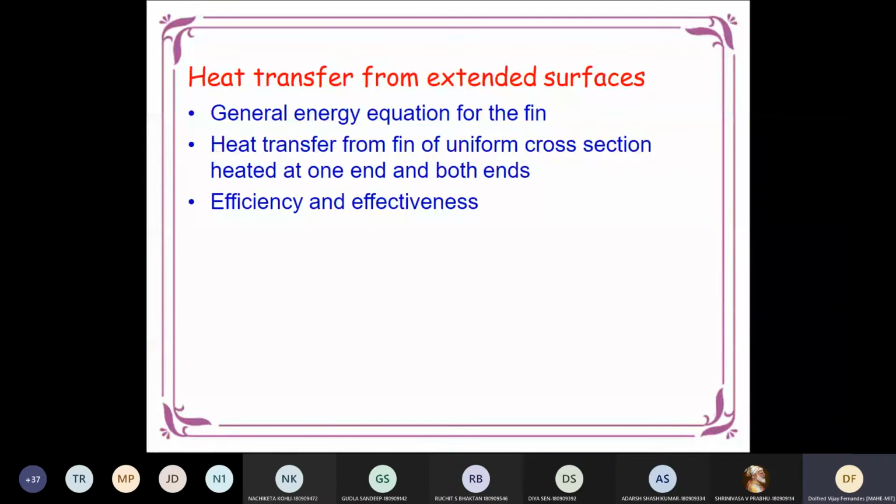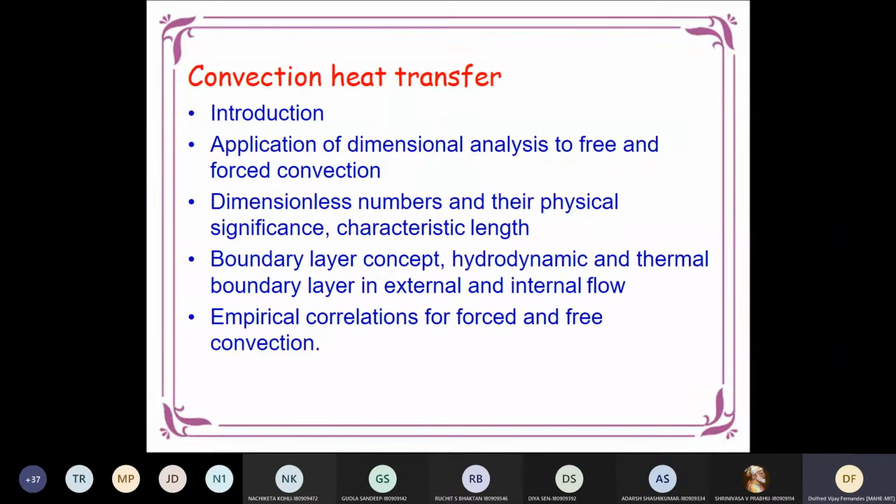Once this part is over, we will move on to the next mode of heat transfer, that is convection heat transfer. Here we derive the dimensionless numbers that characterize convection heat transfer. Then the effect of both the thermal and hydrodynamic boundary layer on the heat transfer will be discussed.